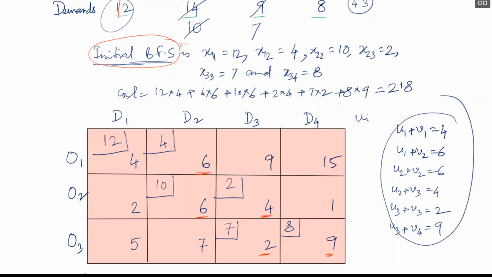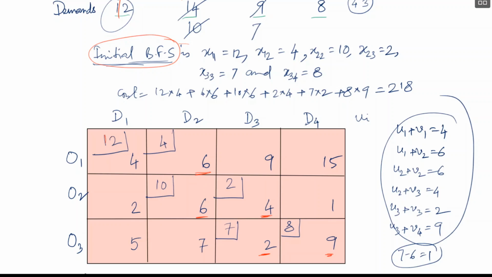And here as we see that we have 7 variables and 6 relations, so we should choose any one. 7 minus 6, that is 1. We shall choose any one of the ui and vj as 0.